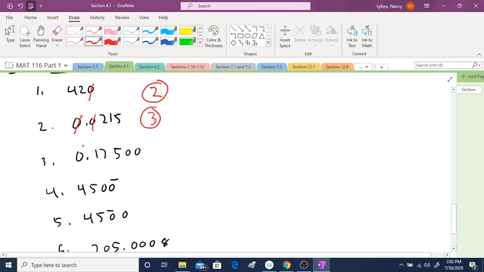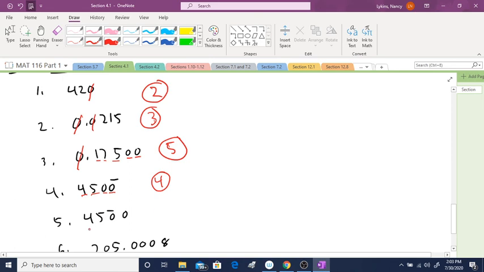Now number 3, I don't include the first one, but look, 1, 2, 3, and any zeros after. I do include all of those. That means you have a total of 5. Now my bar means I count everything from the significant digit to the 0 with the bar. So I have a total of 4. You have to include that 0 in there.